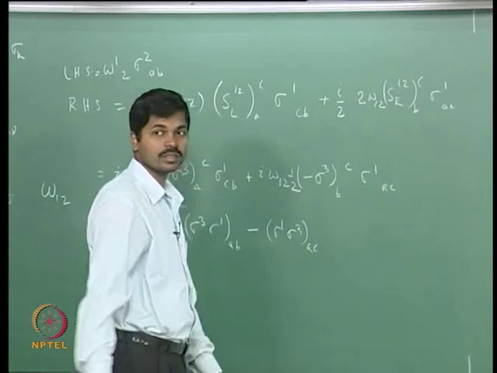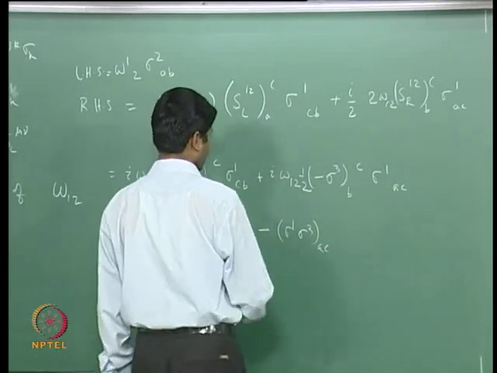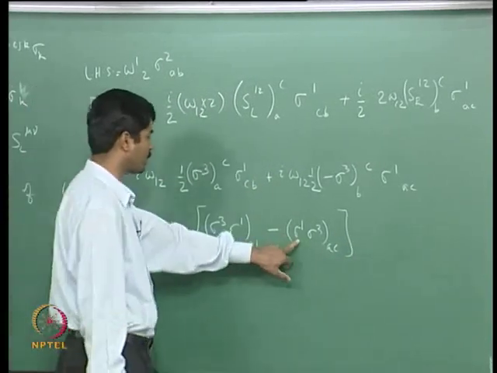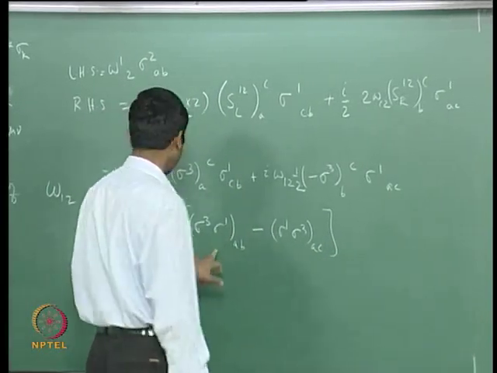The number C here comes. So, sigma 1 and sigma 3 anti-commute, therefore, this is nothing but twice sigma 3 sigma 1.